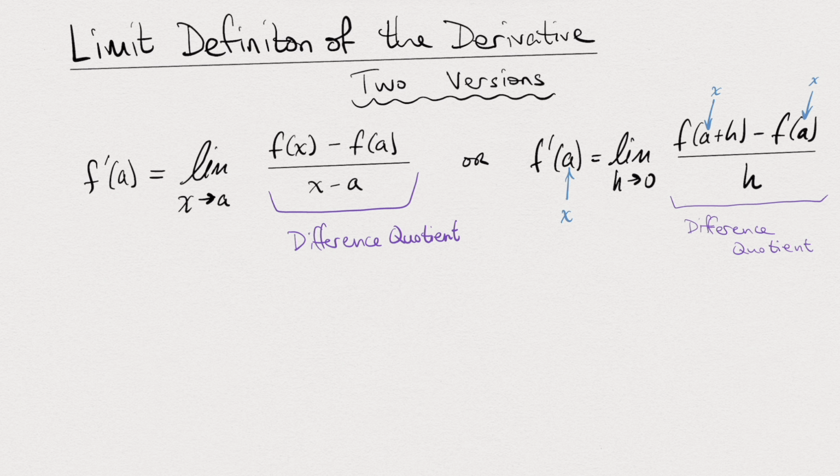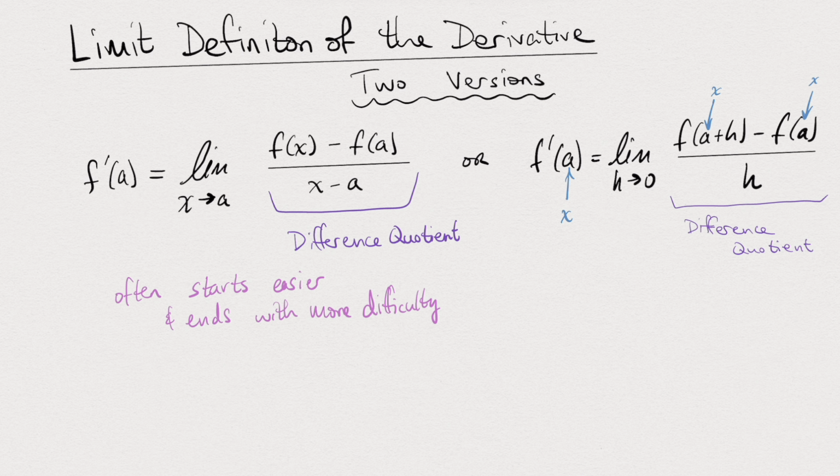All things being equal, if you are allowed to choose, let me just walk you through what the trade-offs are. This version over here often starts easier and ends with more difficulty, but sometimes that's worth it.